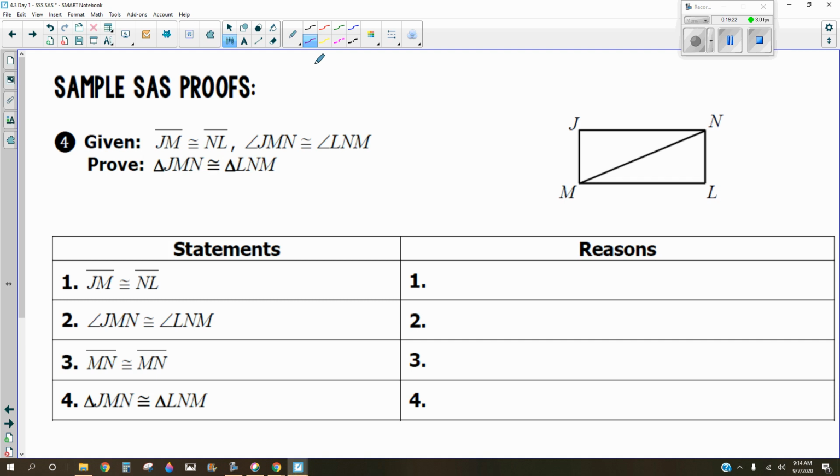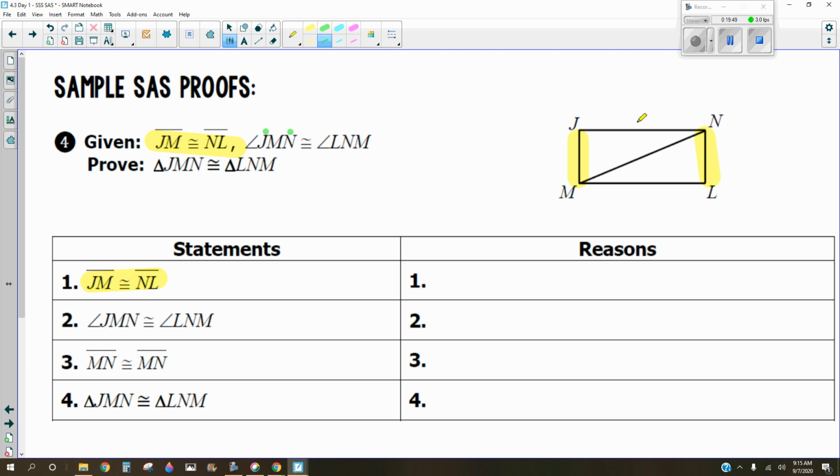So let's start like we normally do. So J, M, and NL, we write it down, and then we mark it on the picture. J, M, NL. Angle JMN. So remember, that means between J and N with M in the middle.